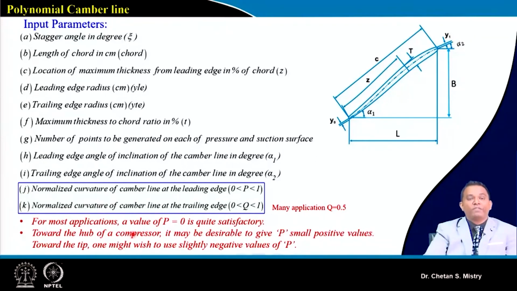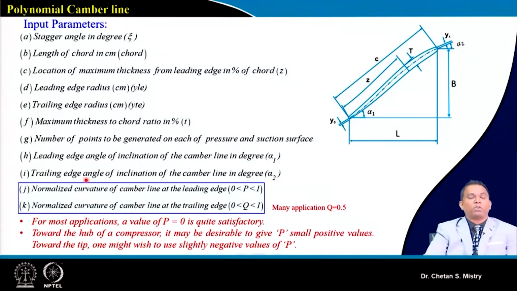Towards the hub region, when we are developing the camber line for the hub region, we need to consider a P value that is slightly smaller, a positive value. Near the tip region, we need to consider this P value to be negative.